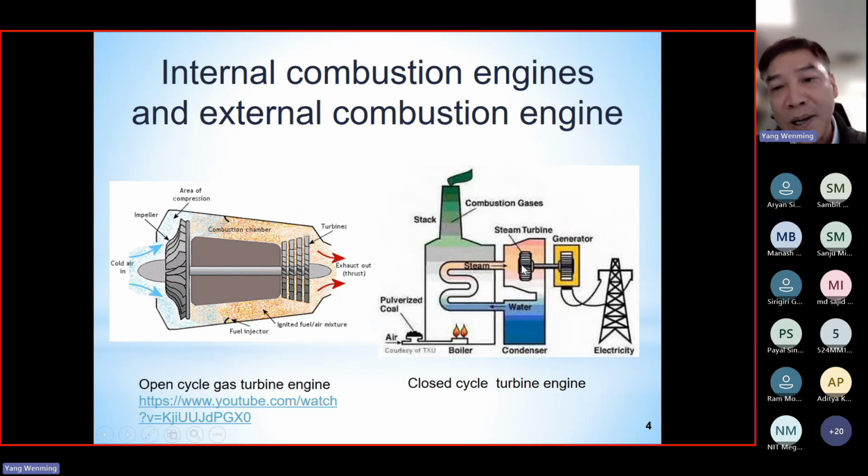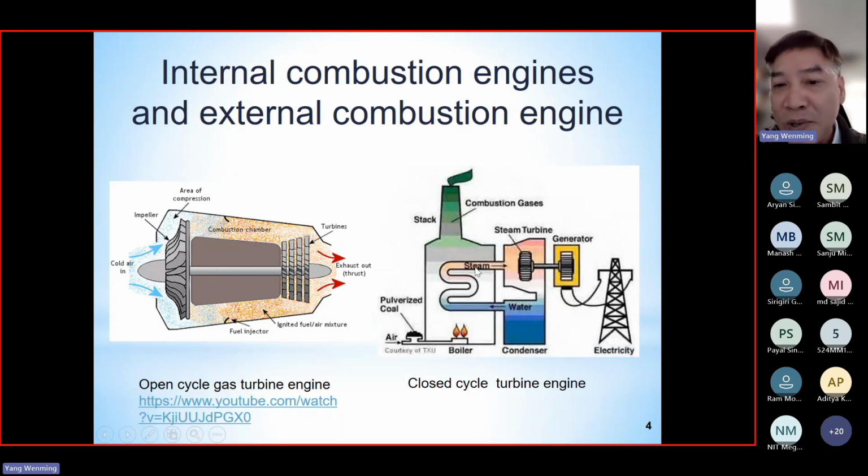Then it also has this flow passage. Water will flow through this heat exchanger, and in the furnace the heat energy will be transferred from the combustion products to the water, which converts the water into steam.